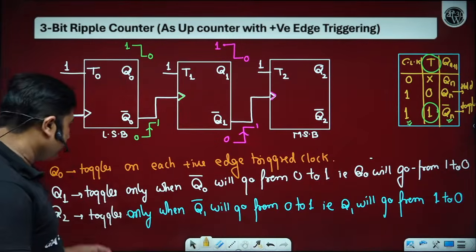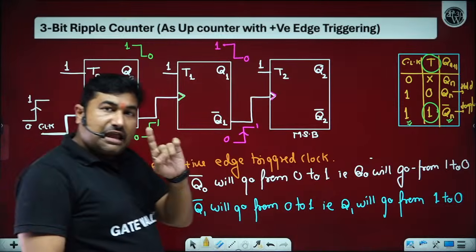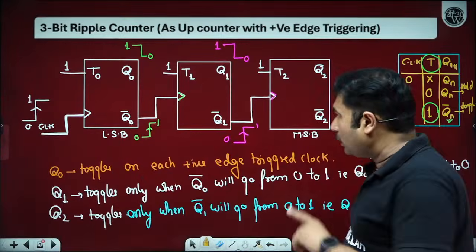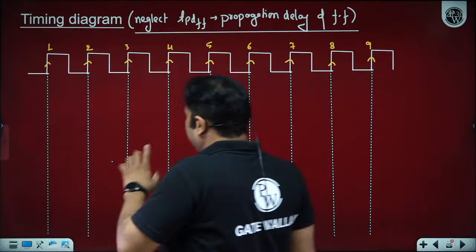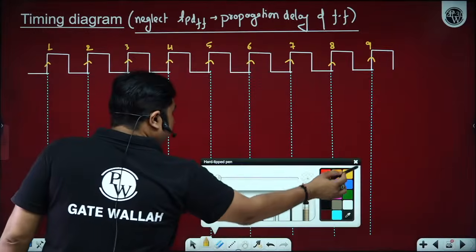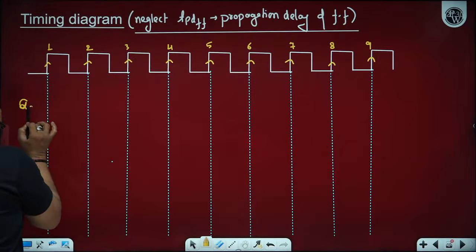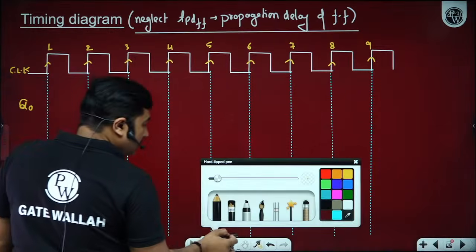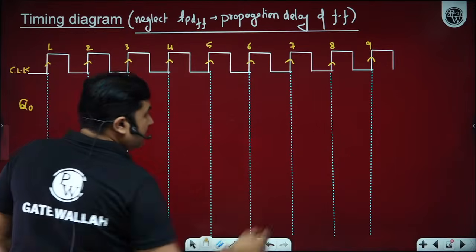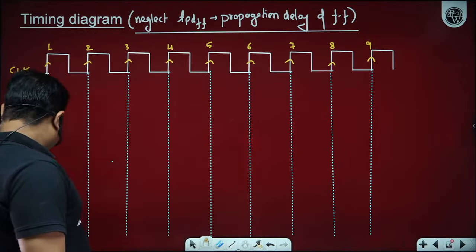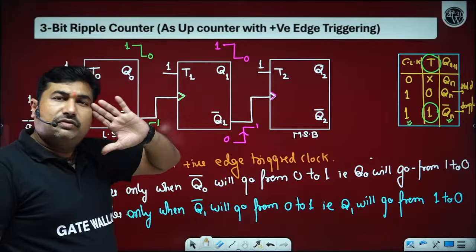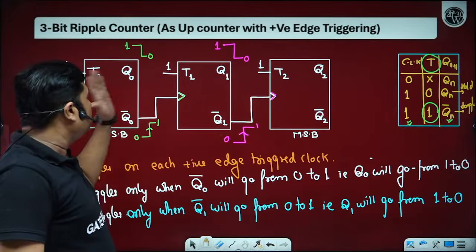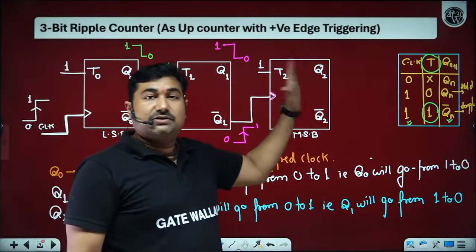Okay, great. So Q0 toggles on every positive edge triggered clock. What does it mean? If we have Q0, please observe here, this is the clock. Since the initial state is not given, we will consider the initial state of the flip-flops as 0, 0, 0.